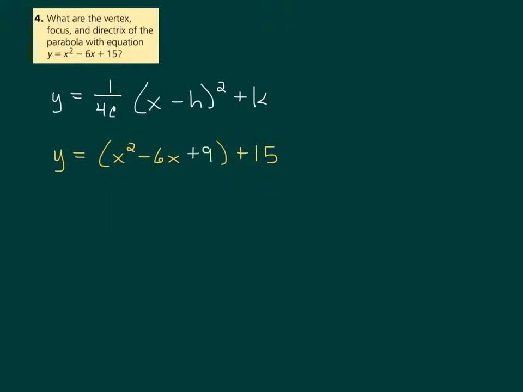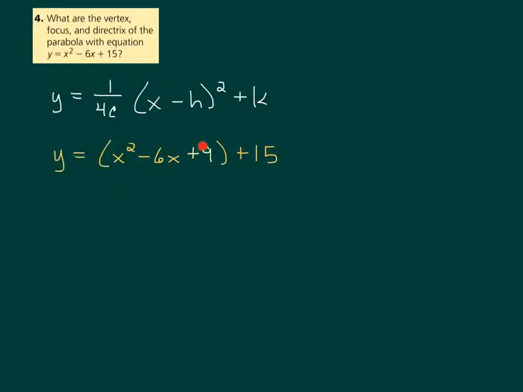Plus 9. You have to remember that to complete the square, you have to make sure that this coefficient here is a 1. And then you take whatever this number is, divide it by 2, and square it. Negative 6 divided by 2 is negative 3. And if you square that, you get 9.